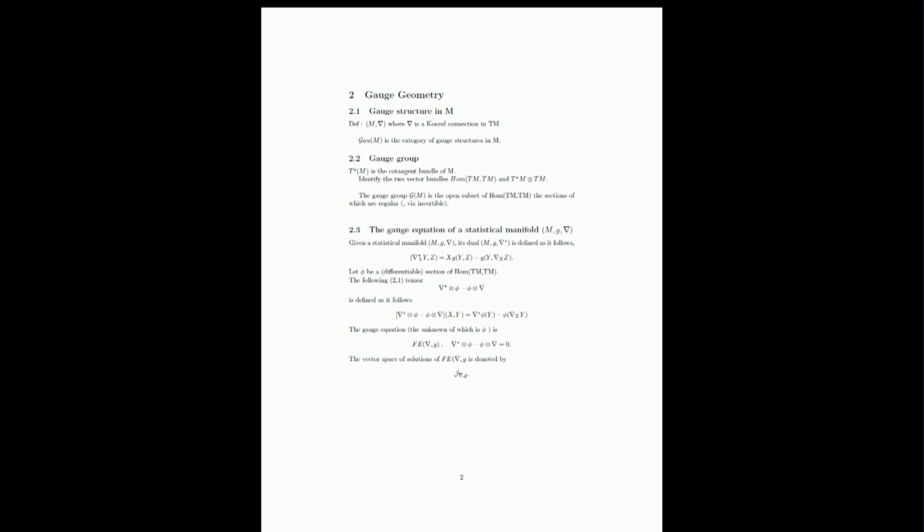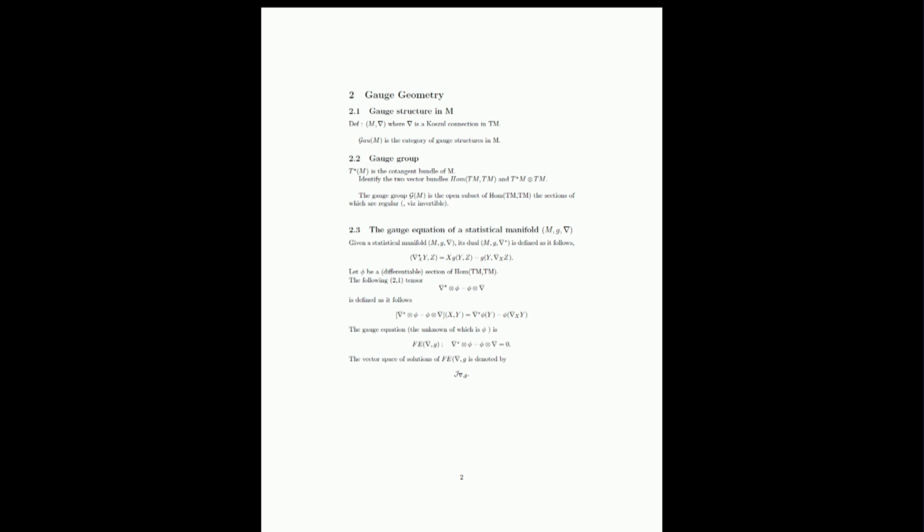And what is important is the notion of Jet equation in a statistical manifold. You have a definition here, a definition of the Jet connection. Take this operator, which is defined on the vector space of Jet morphisms or Jet homomorphisms.